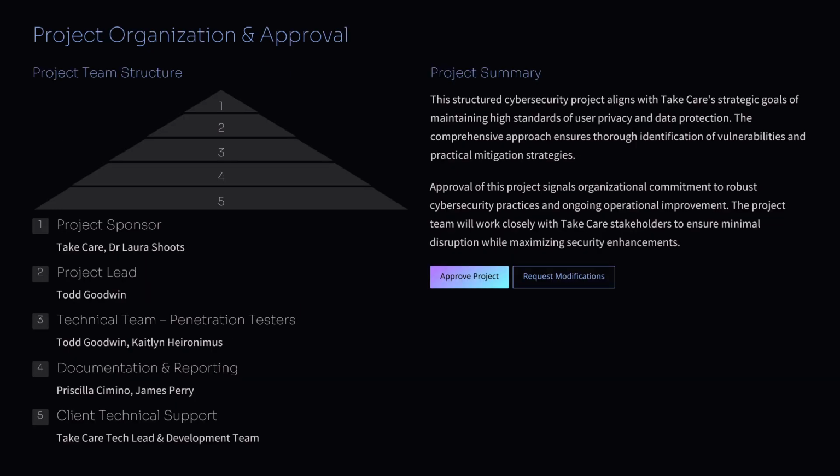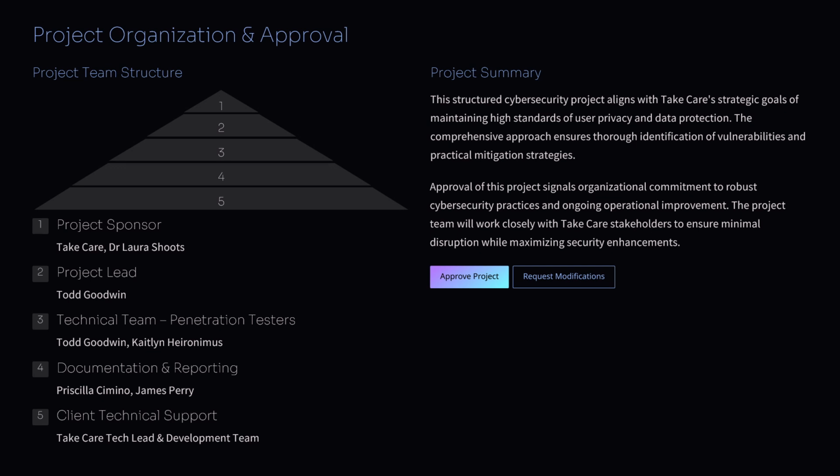This slide is our final slide and will outline our project organization and approval process for TakeCare's cybersecurity risk audit, highlighting our team structure and the strategic value of this initiative. Our project follows a clear hierarchical structure with the TakeCare CEO as project sponsor, Todd as the project lead managing the overall effort.